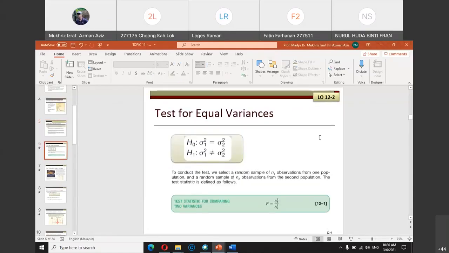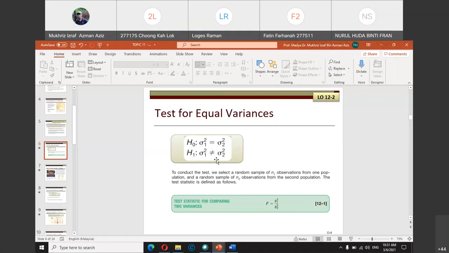Okay, so the way to construct the hypothesis testing, if you are interested to test on the variance, will be based on the variance value, which is sigma squared. We know that sigma denotes standard deviation, sigma squared denotes variance. So if you are testing on two populations, the hypothesis test will be H1 not equal to, because you want to test if the variances are equal.